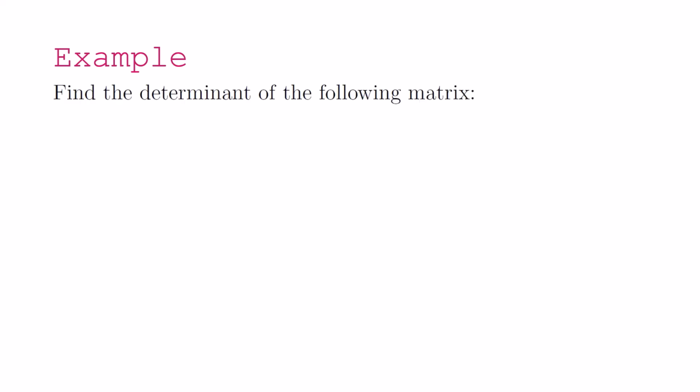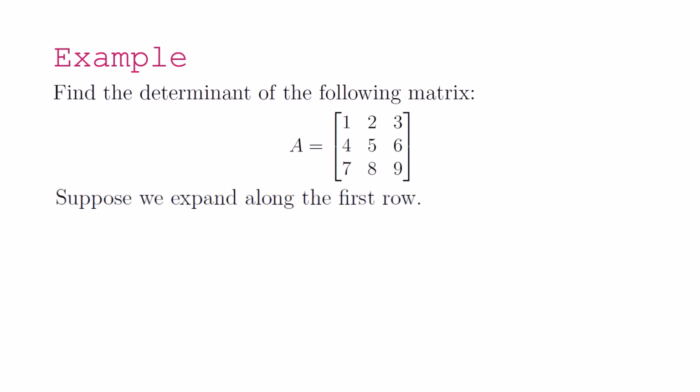Now let's do an example which involves computing the determinant of a 3 by 3 matrix. Let's find the determinant of the following matrix. Suppose we expand along the first row.